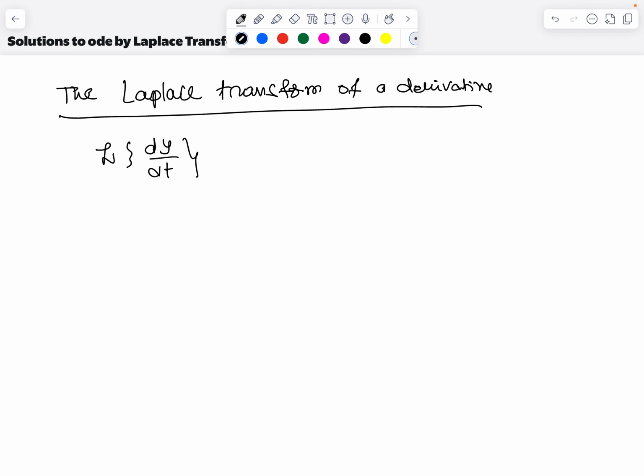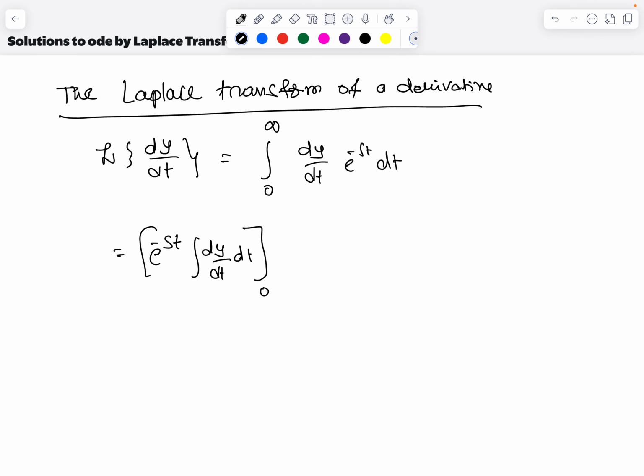If you apply the Laplace transform over a derivative, according to the definition, this is the integral from 0 to infinity of dy by dt multiplied with e power minus st dt. Now, using integration by parts, you can write it as the integral of dy by dt dt, from 0 to infinity, minus the integral from 0 to infinity of the derivative of e power minus st and the integration of dy by dt.